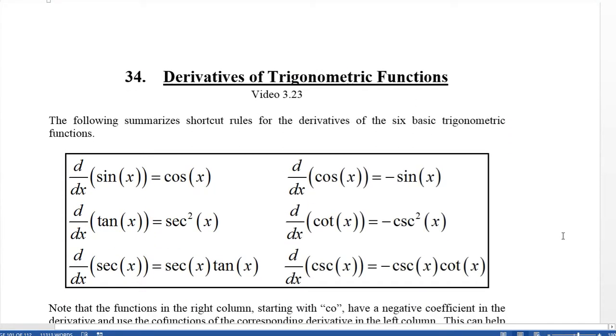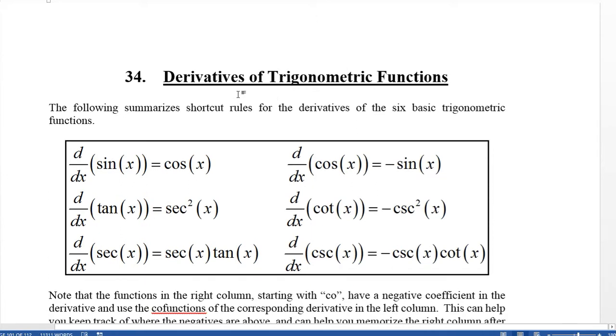Okay, so let's summarize. What have we proved so far? Notice that we have these basic derivatives. The derivative of sine x is cosine x, the derivative of tangent of x is secant squared of x, and the derivative of secant of x is secant of x times tangent of x. Now, look at the ones that start with sine, tangent, and secant.